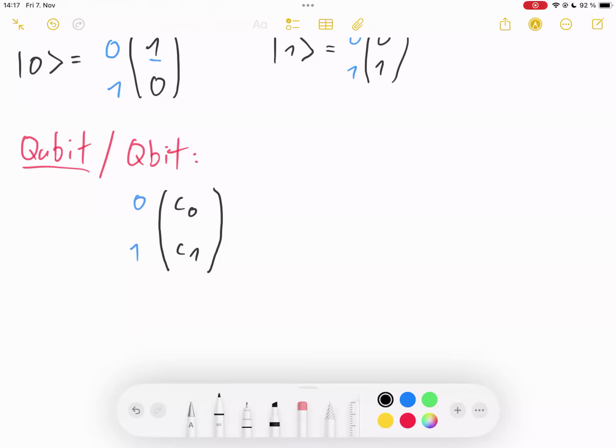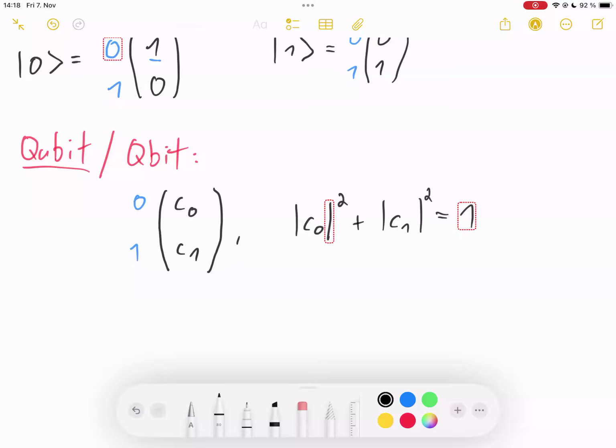But it helped that last week we discussed this from a much more extended and generic perspective. So we have a constraint, and the constraint is that the modulus squared of the complex amplitude C0 and the modulus squared of the other complex amplitude C1 must add up to 1. It's just two entries this time.